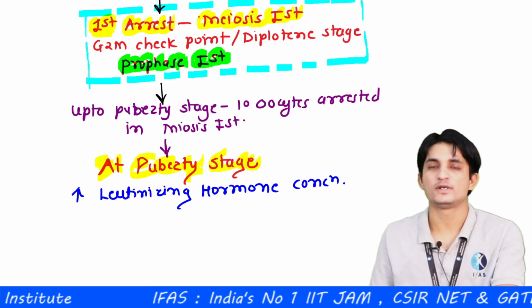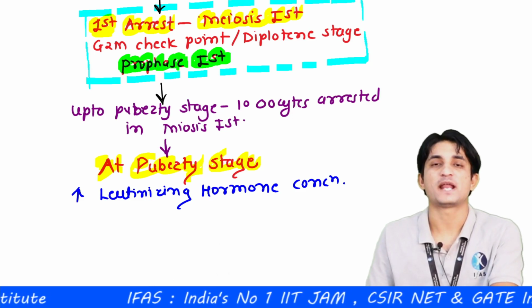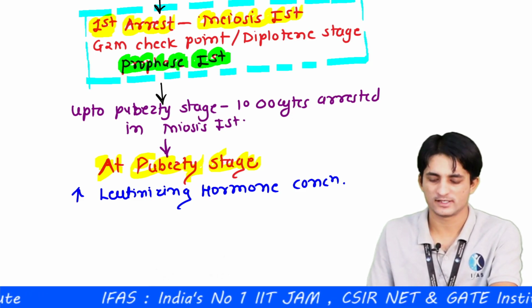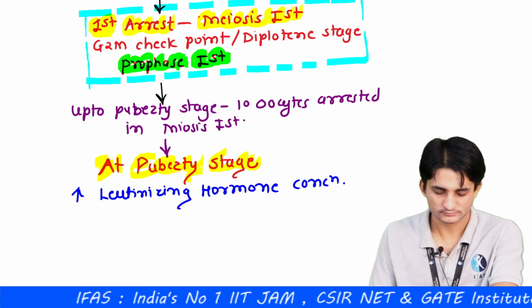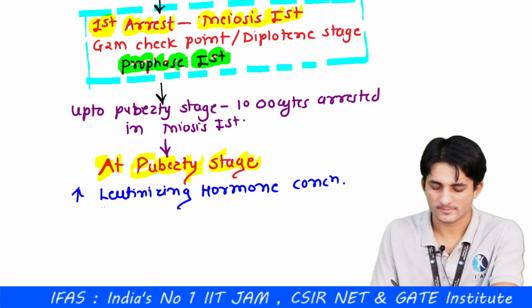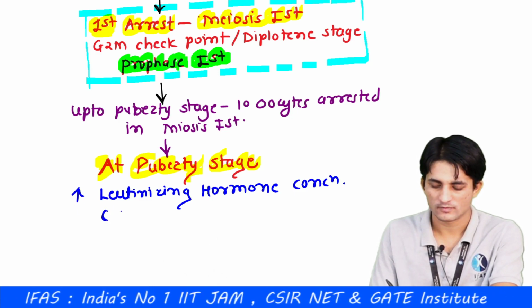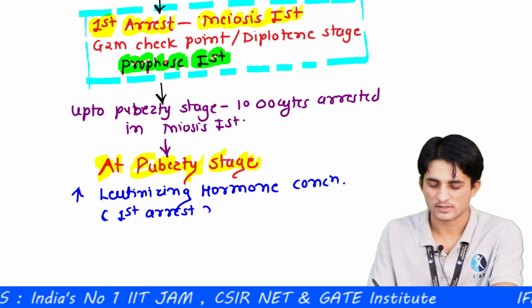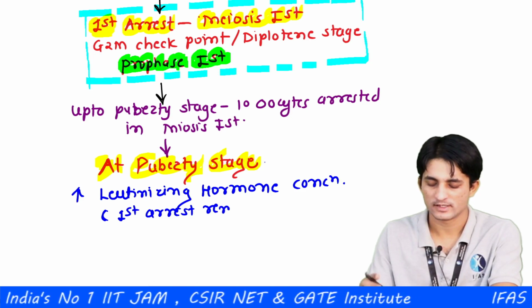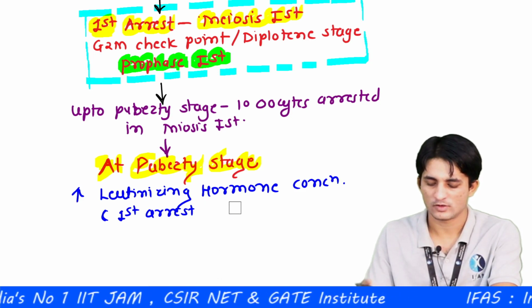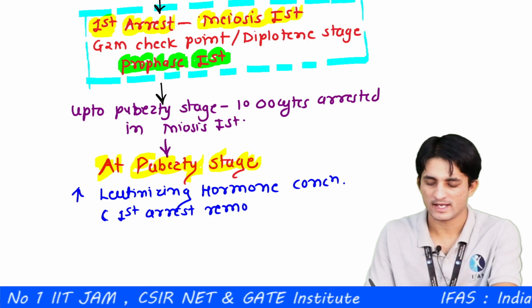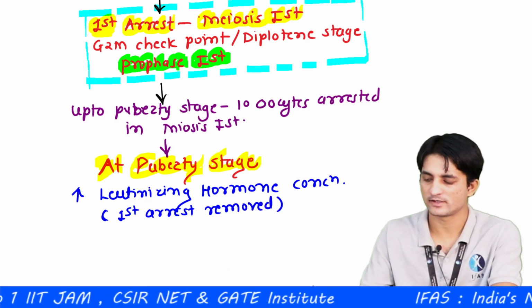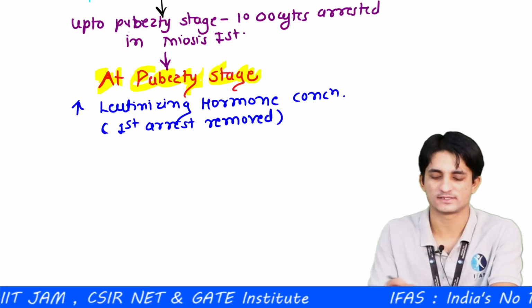Now as luteinizing hormone is increased, the primary oocyte arrest is removed. So the first arrest is inhibited or removed, and the primary oocyte completes its meiosis first.